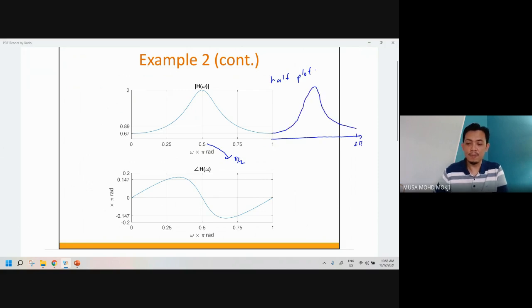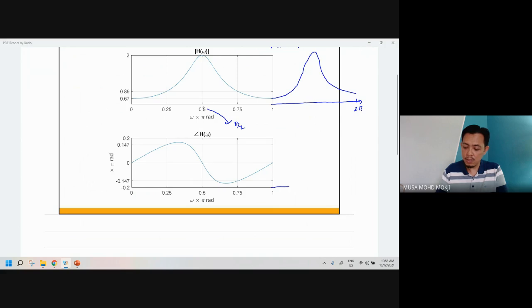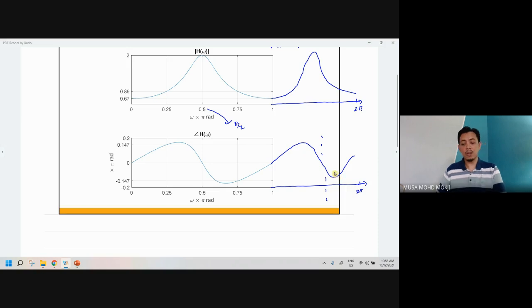So you will have another part which is the conjugate of this plot, and this is the same thing. Whatever the sign here, change the sign, positive, negative. Okay, so that's how you plot it.